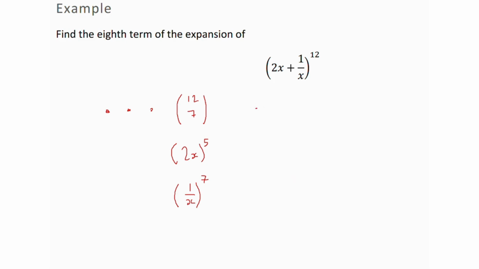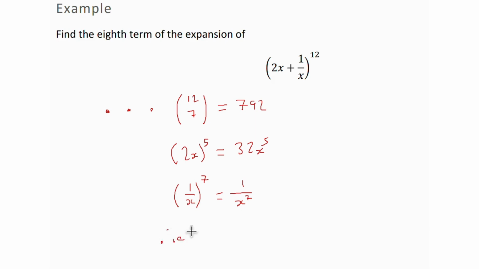Now with a bit of simplification, we can work out what this is actually going to be. 12 choose 7, we can type that into our calculator and get 792. 2x to the power of 5 is 32x to the power of 5. 1 over x to the power of 7 is going to be 1 over x to the power of 7.